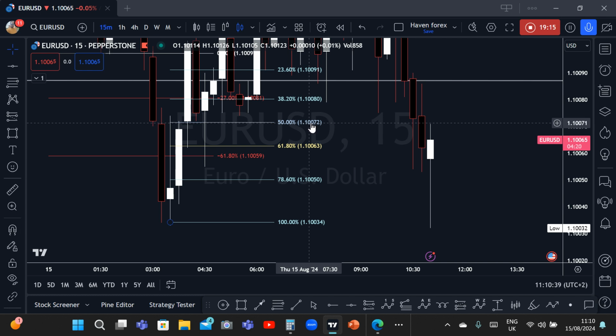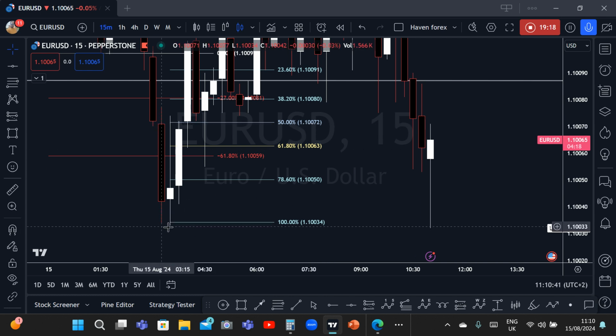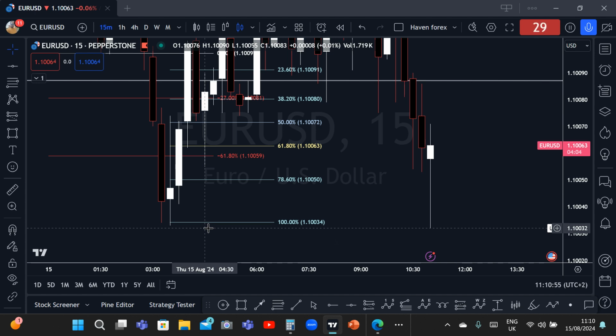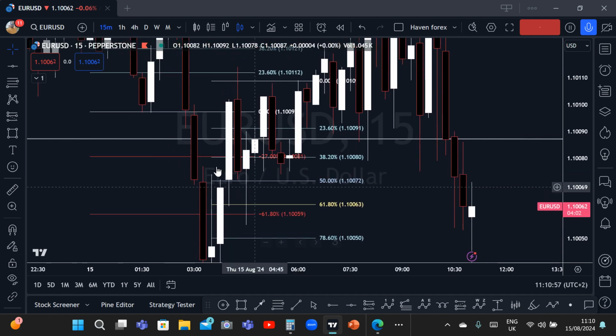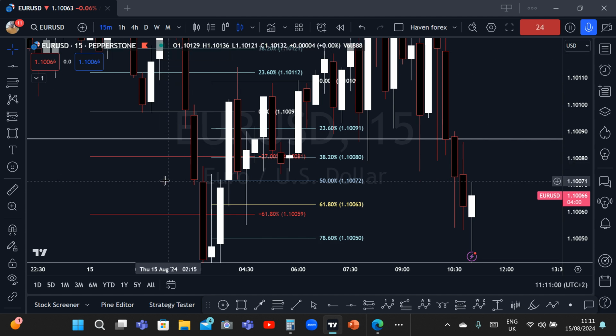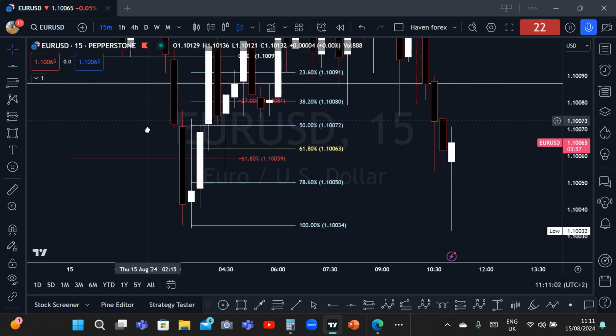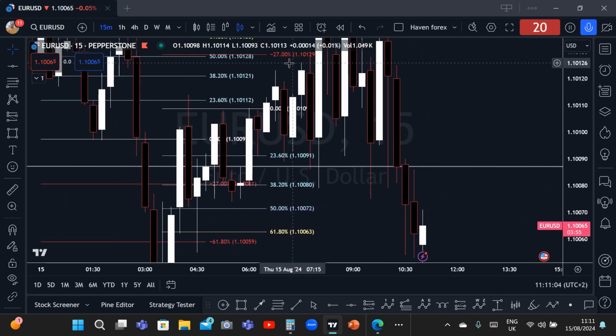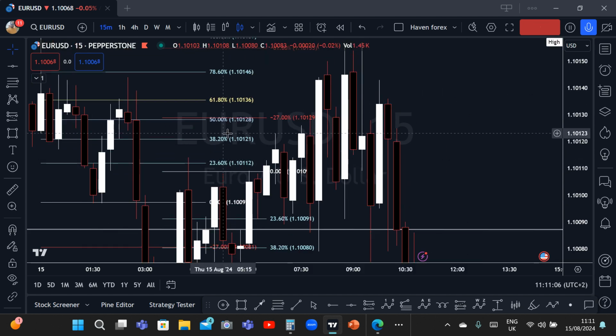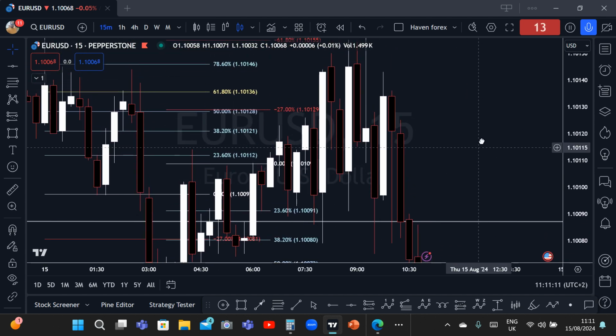Punch that price into your calculator. Then the average true range, you subtract it. When you are going bullish, you subtract the average true range from your entry. You get your stop loss. If you are bearish, you add it to your entry, you get your stop loss. Remember, the next resistance level or negative 27 or negative 61.8 is your take profit target.